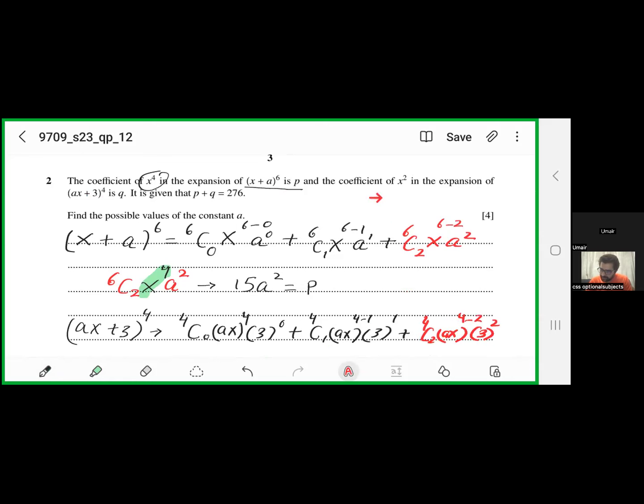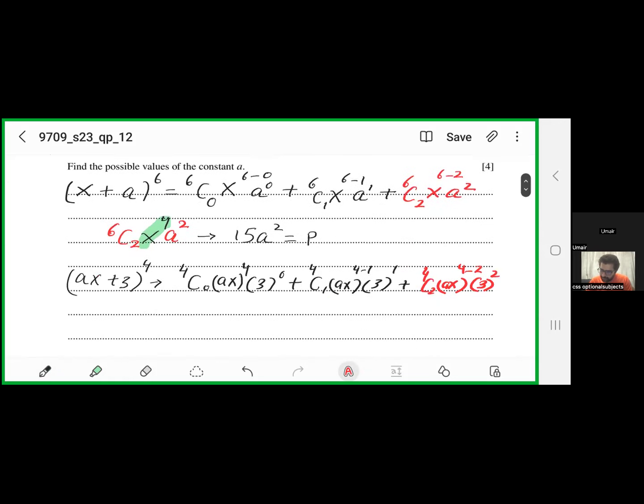So let us write this term. We have to find the coefficient of x square, which is equal to q. So 4c2 a square x square into 3 square. So the coefficient of x square will be 4c2. Let us calculate 4c2 with the help of the calculator. 4c2 will give you 6.